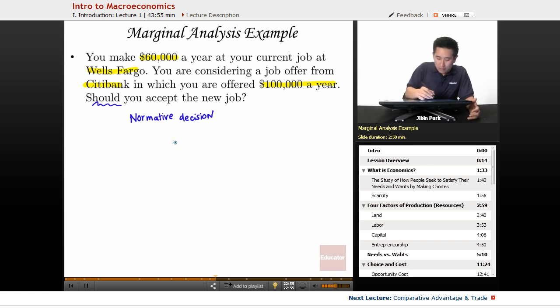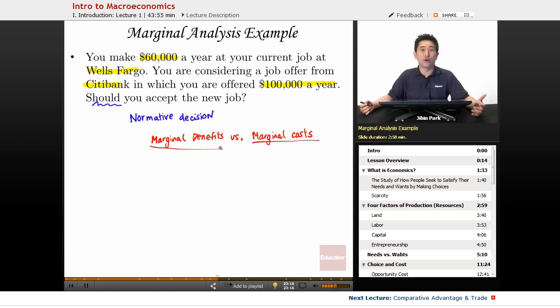So in order to make a decision, you are deciding between the marginal benefits versus the marginal costs. Clearly, there are a lot of different marginal benefits and marginal costs, and some are unknown. When you decide to take a new job, you may make a decision, but some marginal benefits come after you've accepted the job.